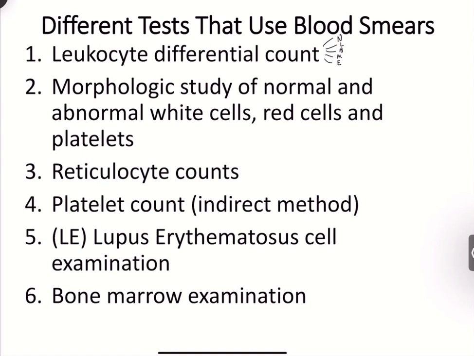You will distinguish these five and count them until you reach a count of 100. That 100 count will correlate to the percentage of these leukocytes in the blood.